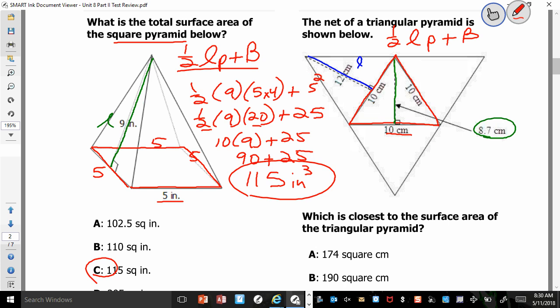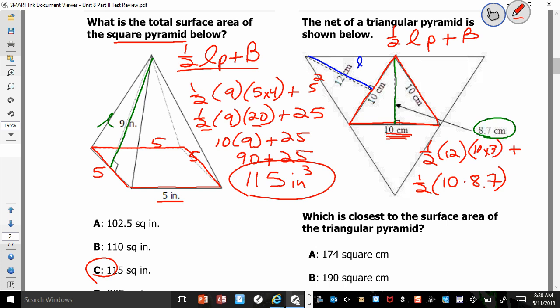I've got 1/2, what's the slant height? 12, and perimeter. Perimeter is 10 times 3 plus, now don't forget, we have big B here, which is 1/2 base of the triangle times the height of the triangle.